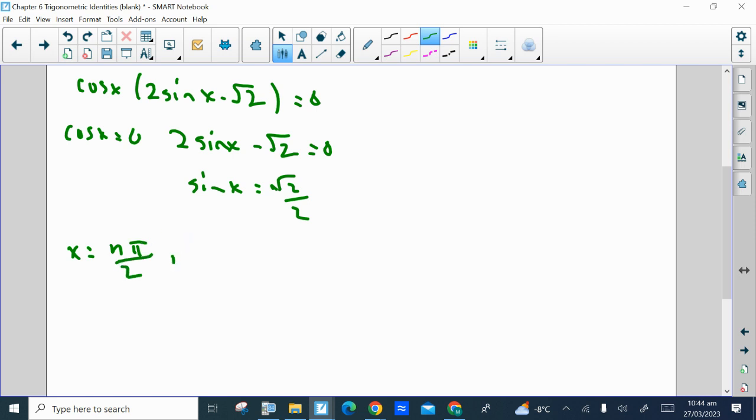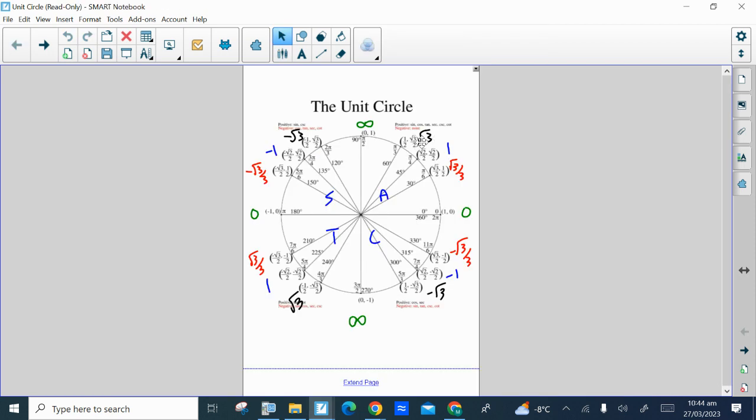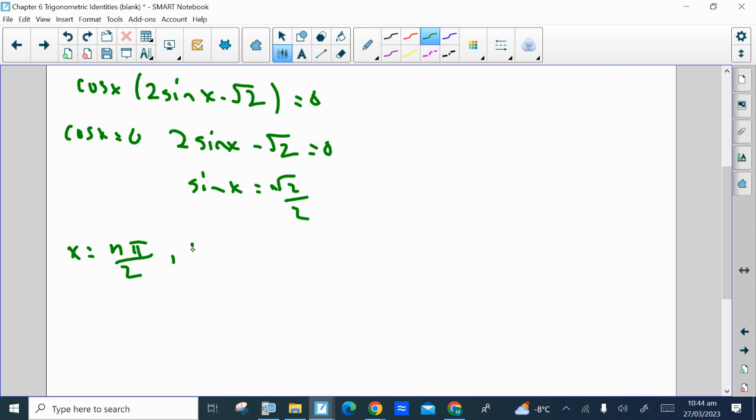Now, where does the sine of x equal root 2 over 2? So that's here at pi on 4 and here at 3 pi on 4. And because those two angles are not equidistant apart depending which direction you go, if you go in a positive direction, it's much shorter than a negative direction, you have to do two separate statements, both of them with multiples of 2 pi.